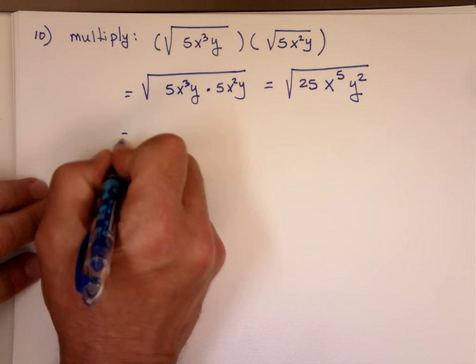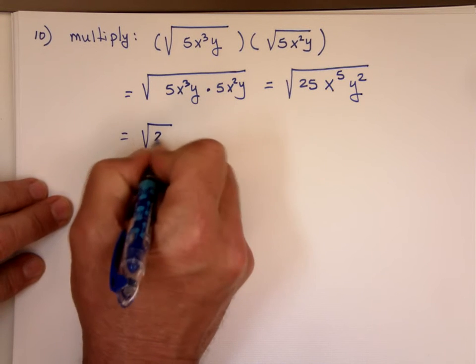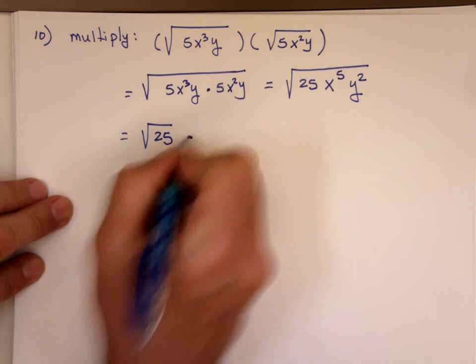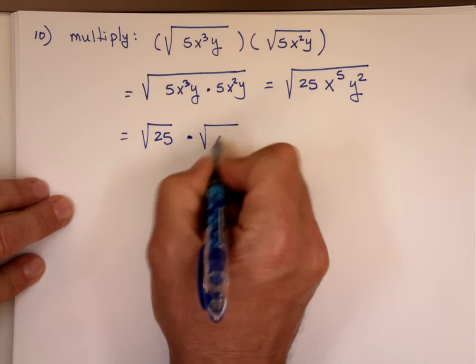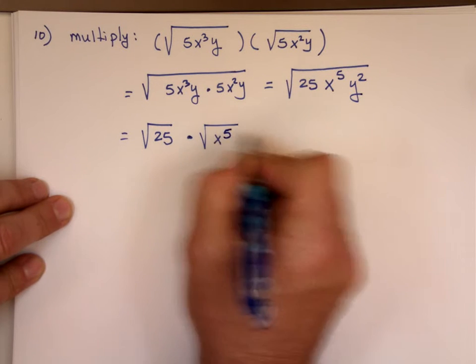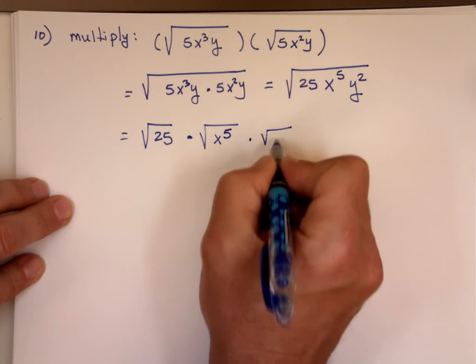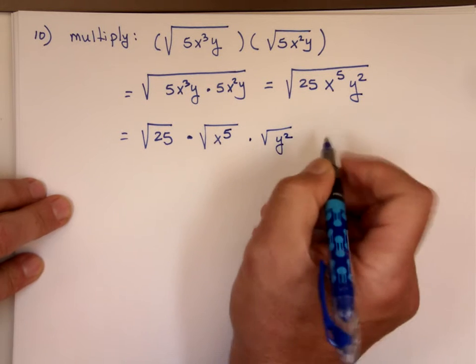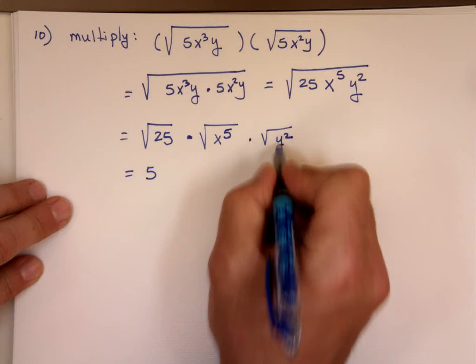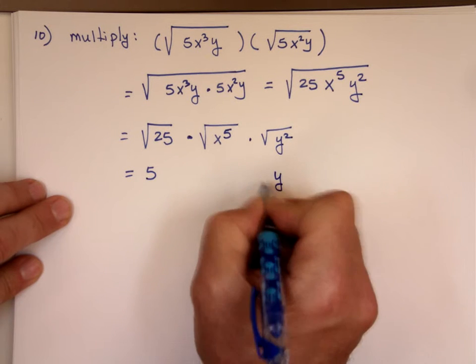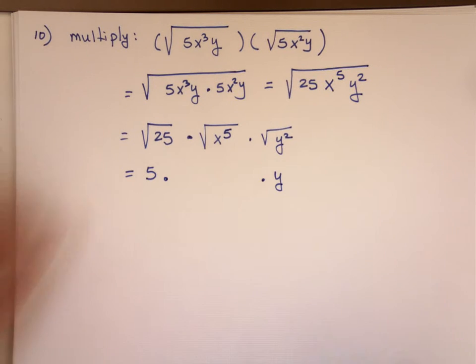I can break it down, the square root of 25. I can do the square root of x to the fifth. And I can do the square root of y squared. The 25 gives me a 5. The y squared, the square root of that is just y. But what about x to the fifth?